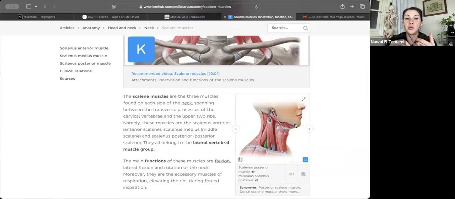Often you will have a knot in the scalenes, and then often we think it's the sternocleidomastoid. So again, that stretch where we windshield the head side to side can be really good, and just making sure to try to keep movement. Same thing, the brushing down is a nice way to loosen them.